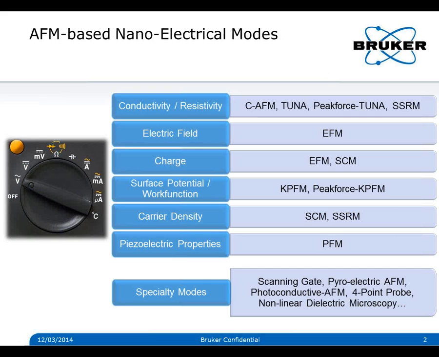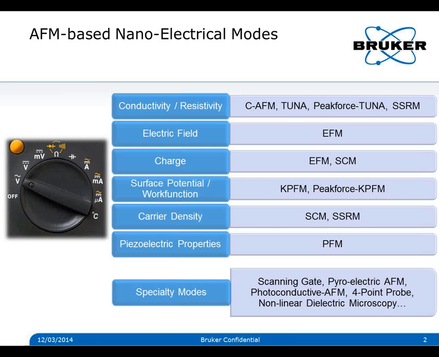All right. So nanoelectrical modes using AFM, there's actually a whole wide range of those modes. And this table on this sheet shows some of the electrical properties that one can measure and the corresponding AFM modes. Lots of acronyms on this slide, and I'll just point to some of those. An AFM uses a sharp tip.